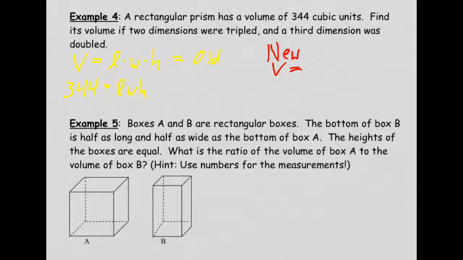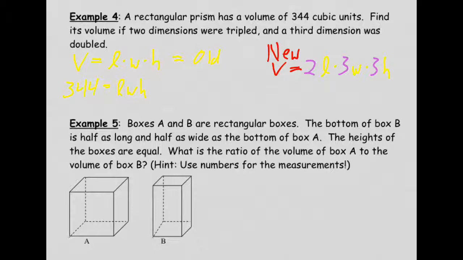Volume is going to equal, let's say, the 3rd dimension was doubled. I'll just start with that. 2 times L times, and then the rest were tripled. 2 dimensions were tripled. 3 times width times 3 times height, right?